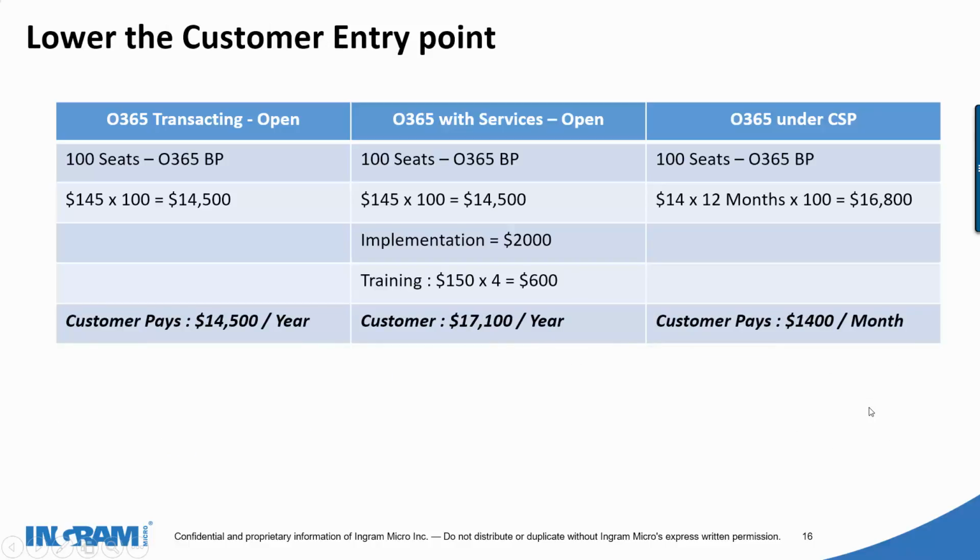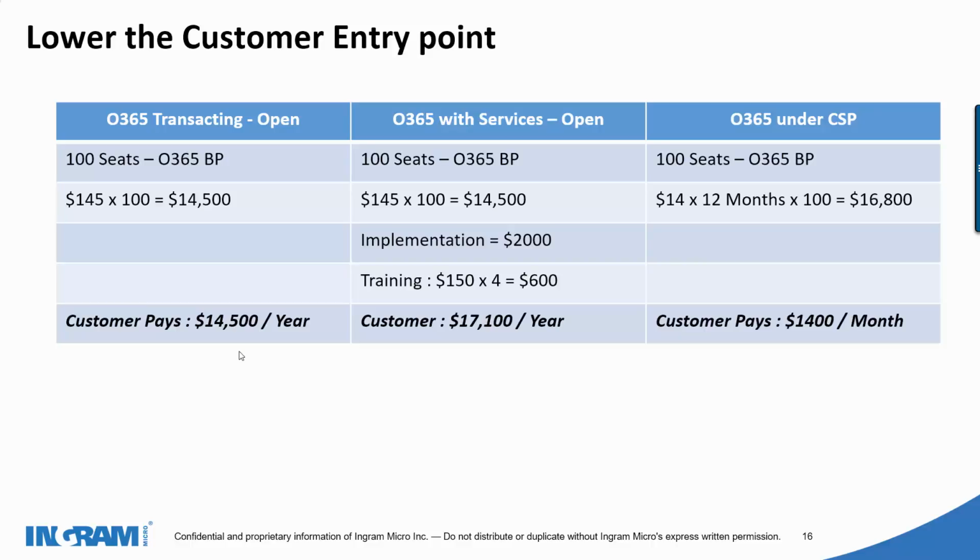Also, let's look at the lower entry point from a customer point of view, which means if you are positioning just the licenses as a transaction, the customer looks at under open about $14,500 per year, one-time transaction every year. If it is with services, the price goes up to about $17,000. But under CSP, if you do it monthly, your entry point becomes $1,400 per month.